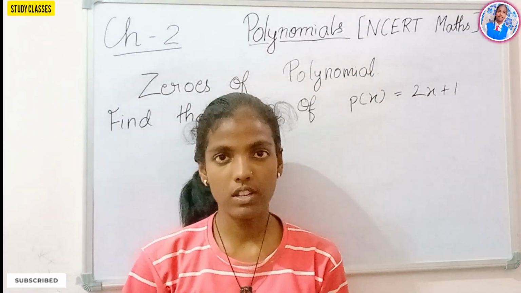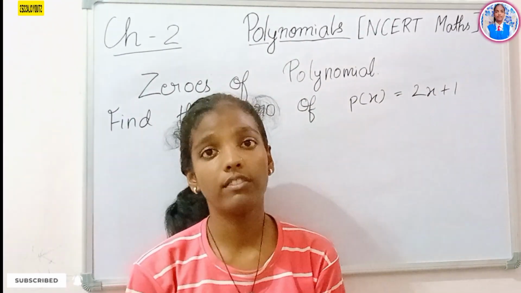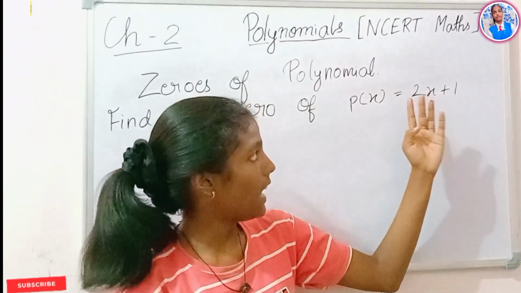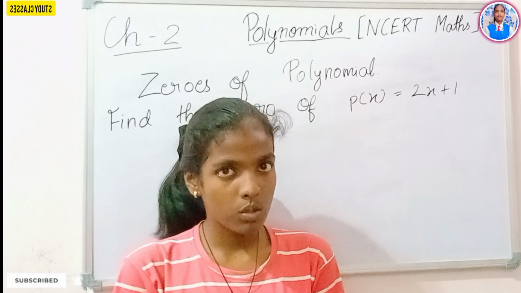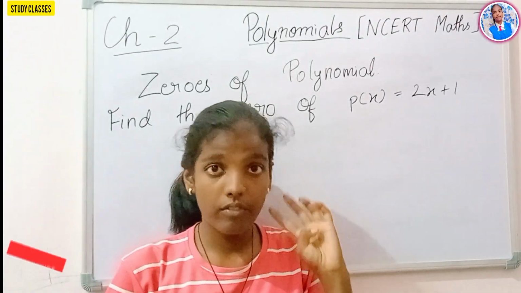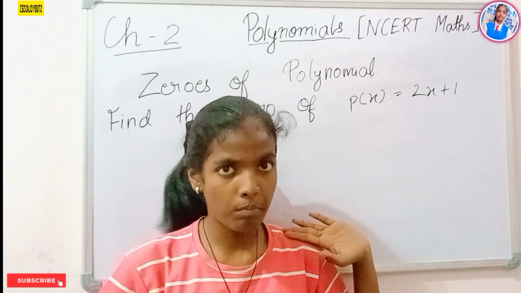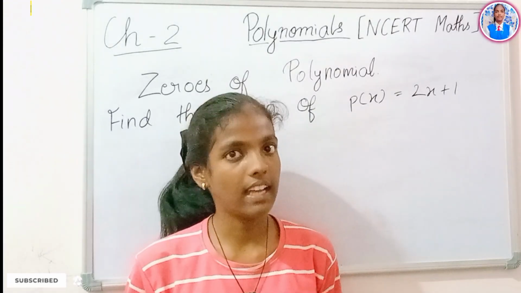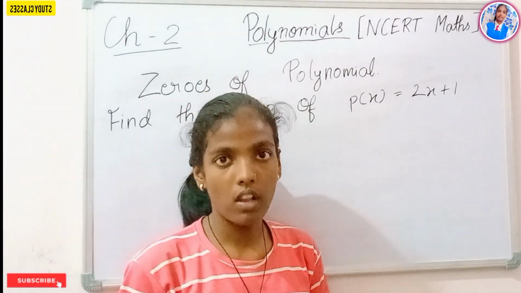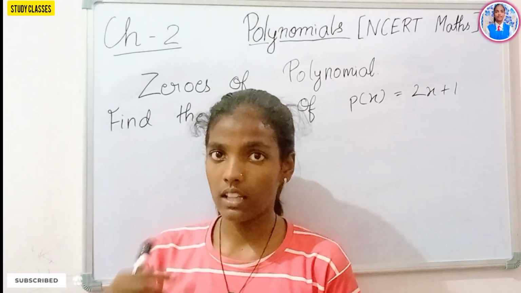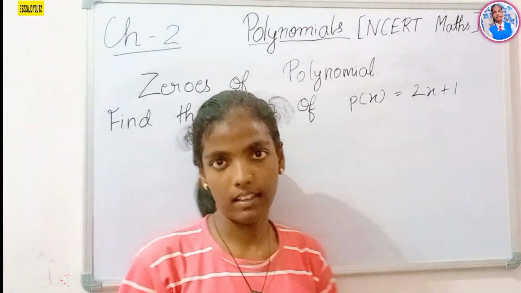So our next question is, find the zero of the given polynomial p(x) equal to 2x plus 1. In the first case we were given the zero of the polynomial and we had to verify it, and in the second case we have to first find the zero of the polynomial and then we can verify it.